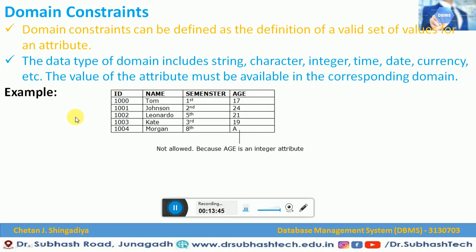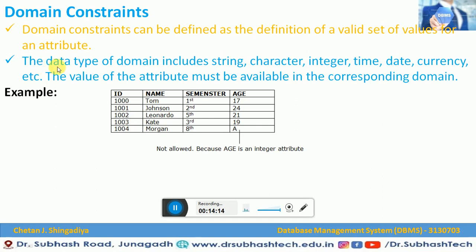Now let us understand what is a domain constraint in the relational data model. A domain constraint can be defined as the definition of a valid set of values for an attribute. Let me explain once again what a domain constraint is. Now what is a valid set of values?